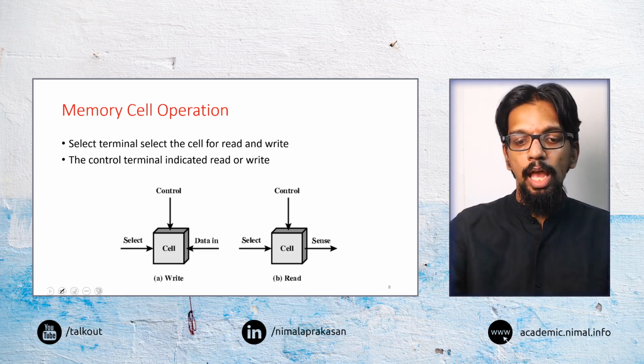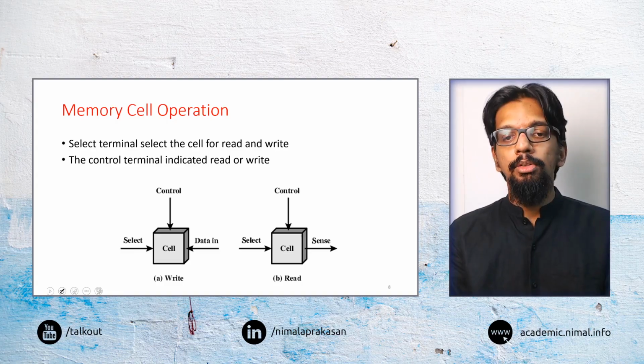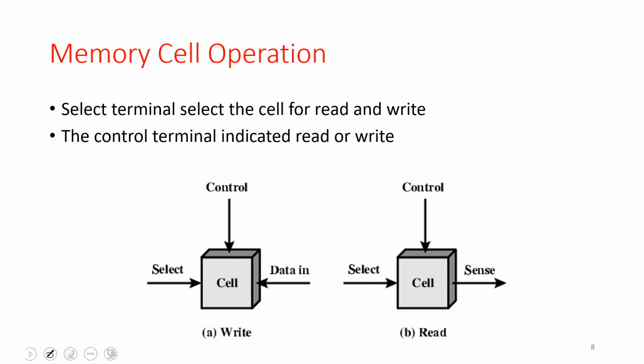So let's take writing, for example. We want to write a particular piece of data at a particular point in the memory. We will select that particular location by giving the address through the select line.